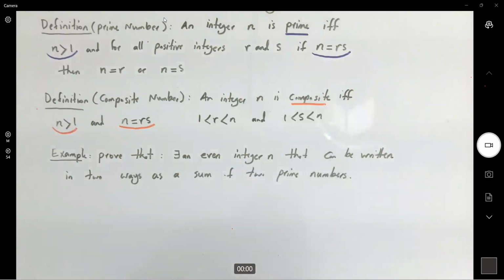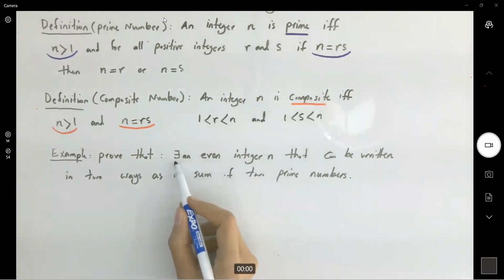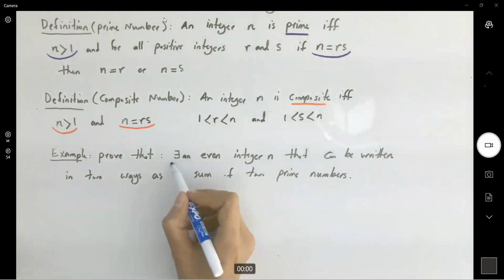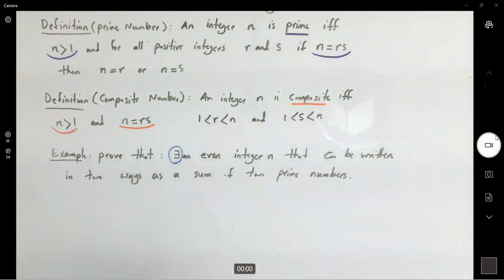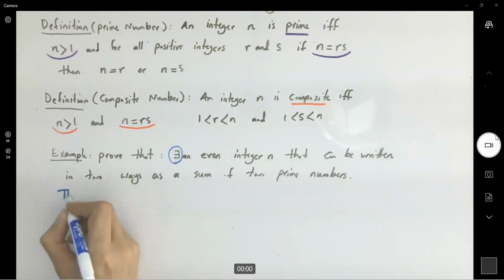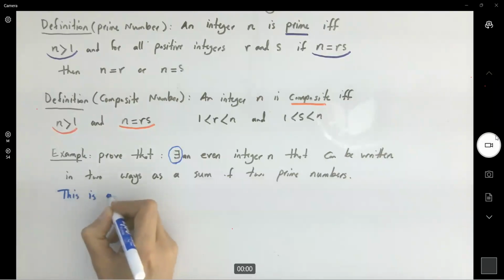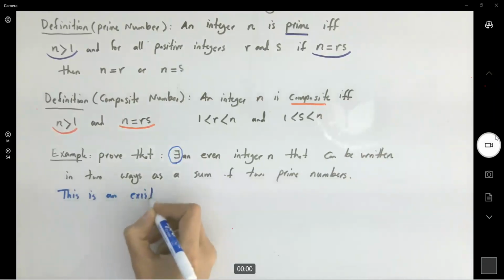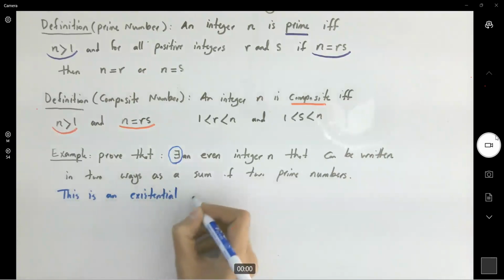Very good. First of all, let us analyze the example. It says, there exists, there is. So it means that we are working with an existential statement.